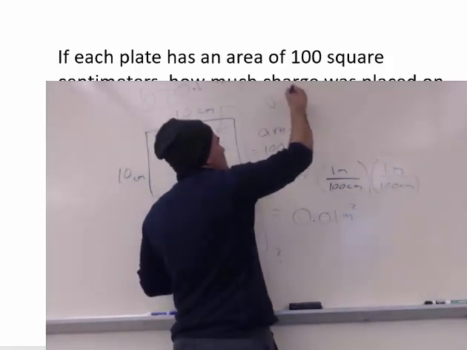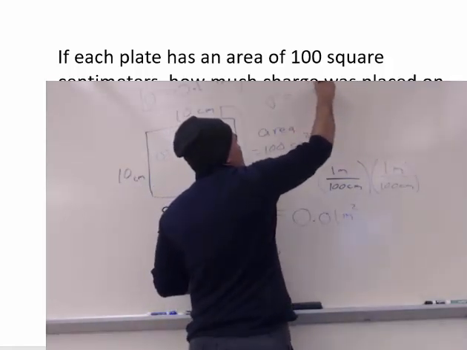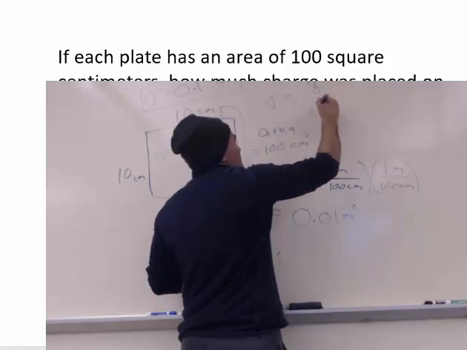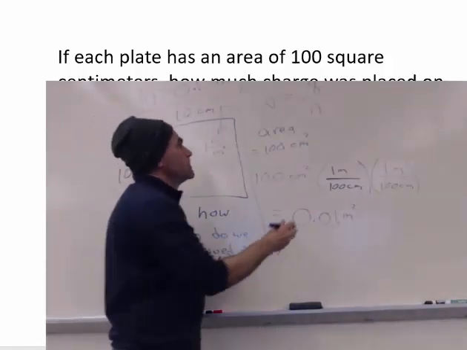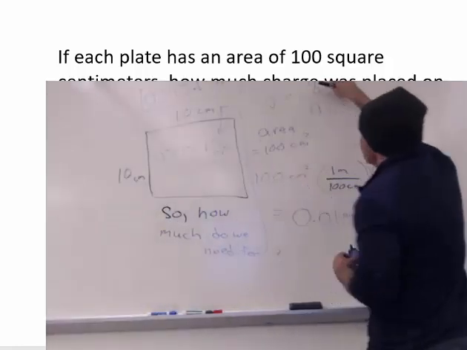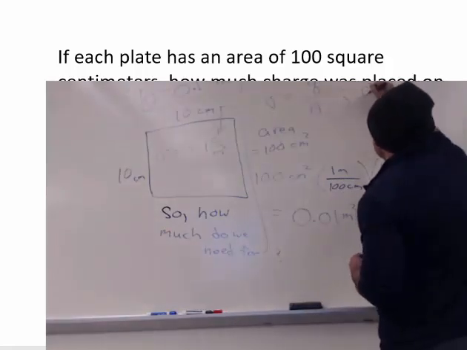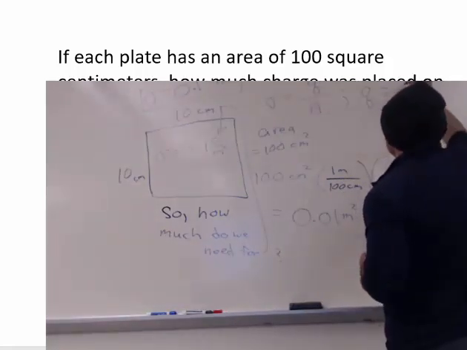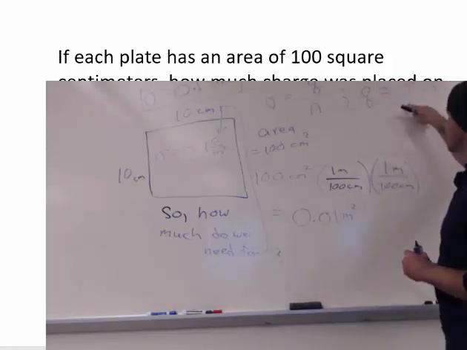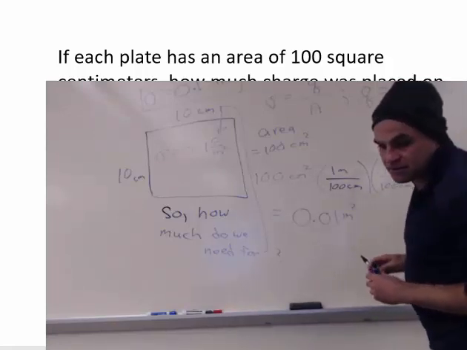So sigma is equal to the amount of charge divided by the area. And this is what I'm looking for, so I could say the amount of charge is equal to sigma times the area, where sigma is the charge density and A is the area.